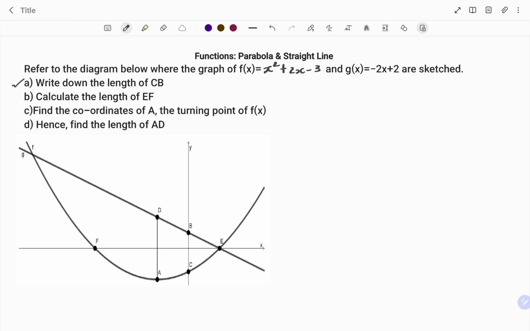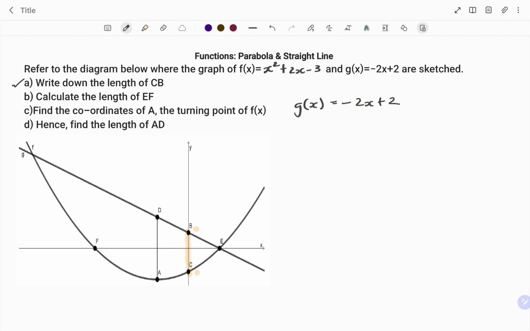For the first part of the question, we have to write down the length of CB. If you look at the points C and B, they are both on the y-intercept, and the value of x at those points is 0. So to find the distance CB, we need to find the y-coordinates of B and of C. Starting with B, we have the straight line passing through B, so we're going to use the equation of a straight line. We have g of x equals minus 2x plus 2.